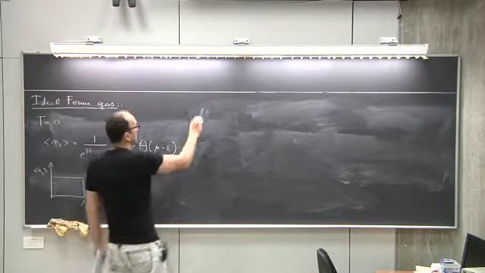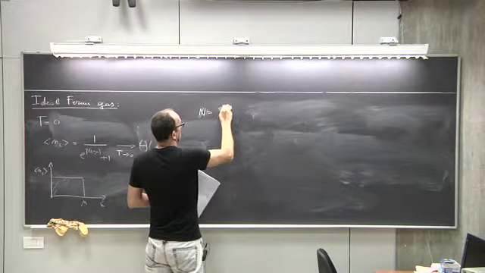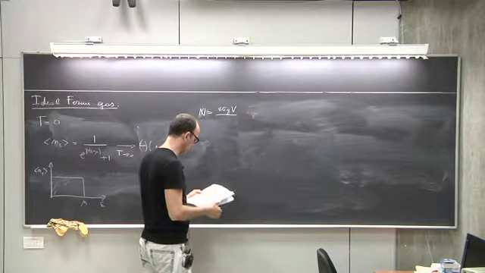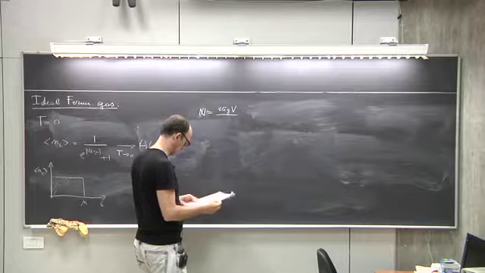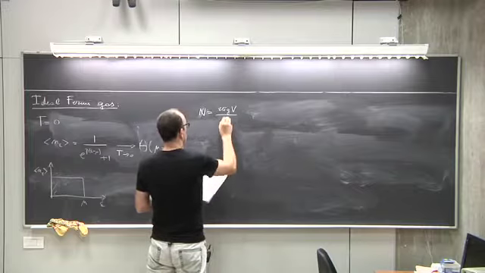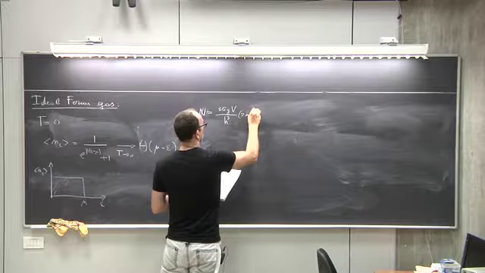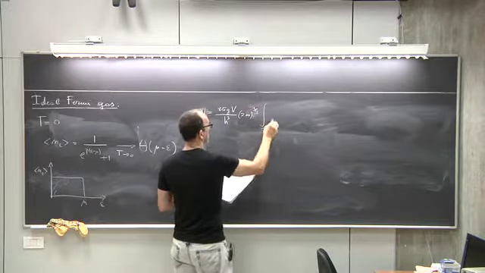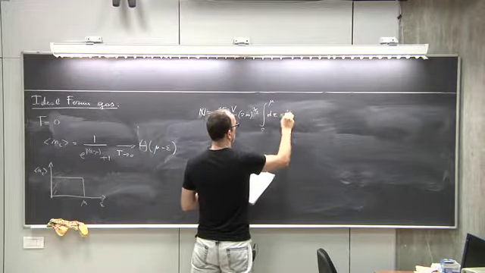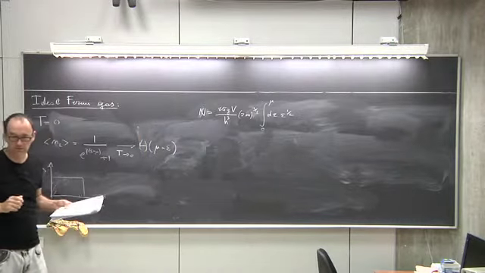So n will be equal to 2 pi g V over h cubed, this is my usual density of states, times 2m to the 3/2, times the integral from 0 to mu of d epsilon epsilon to the 1/2. That's it.